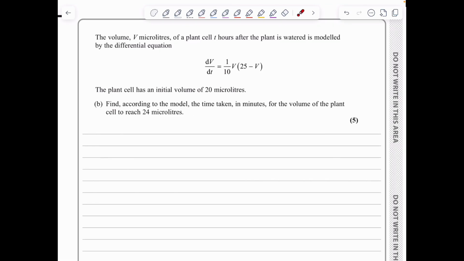Now the volume capital V microliters of a plant cell T hours after the plant is watered is modeled by this differential equation. Now the plant cell had an initial volume of 20 microliters, and we need to find, according to the model, the time taken in minutes for the volume to reach 24 microliters. So I need to start by solving the differential equation here.